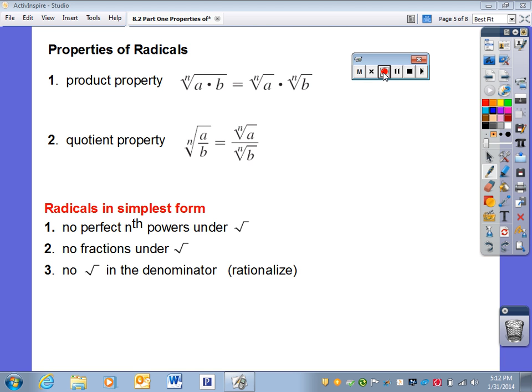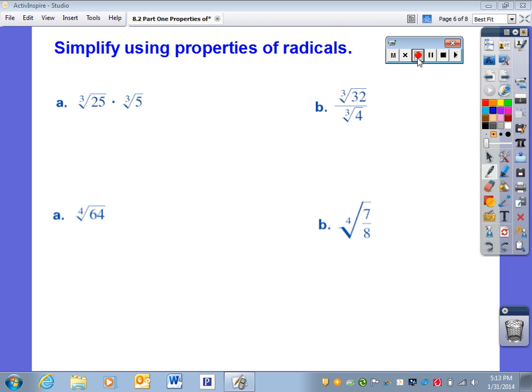Please remember that we want to put the radicals in simplest form, which means there are no perfect nth powers under the radical, we don't leave fractions under the radical, and there are no radicals in the denominators of our fractions. So let's take a look at some examples that have radicals.